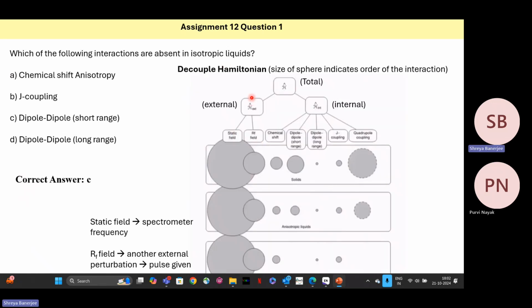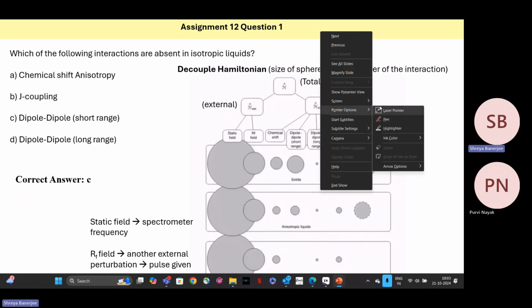So you have external and internal energy, and the internal energy has several sources, like the chemical shift. Now, chemical shift is common whether you're taking the NMR in solid state, in an anisotropic liquid, or an isotropic liquid. Then you have J coupling, which is also common in all three, and dipole-dipole long-range coupling, which is basically where the NOESY peaks come from, and that is also common in all three.